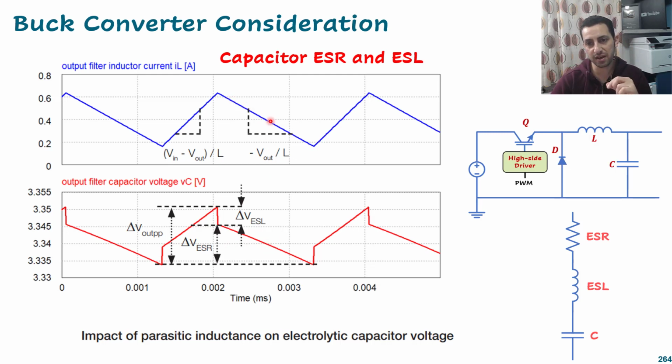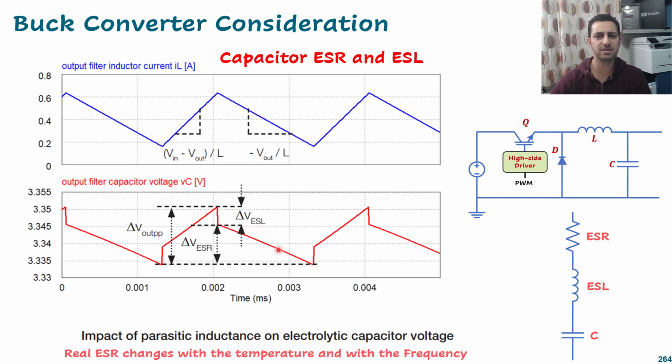So if I have that current and pass it through that capacitor, I mean the real one, that will produce the same shape for the voltage. But the ideal one should be exponential, like sinusoidal, an exponential decrease or increase for the voltage. So that's why we have some concerns about the inductance and resistance of any capacitor.